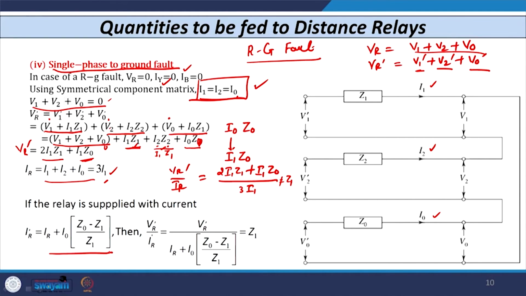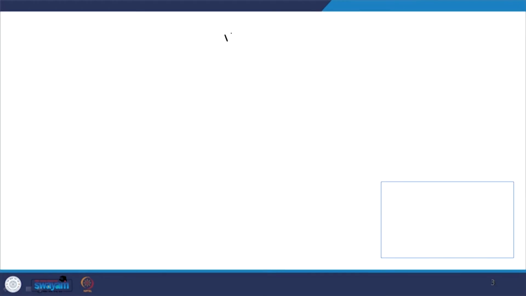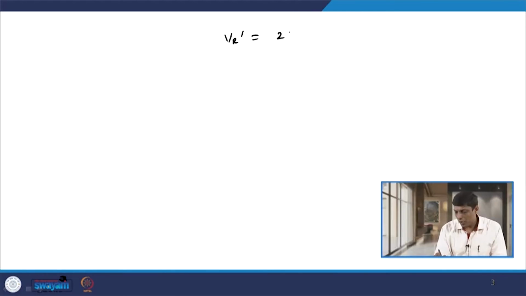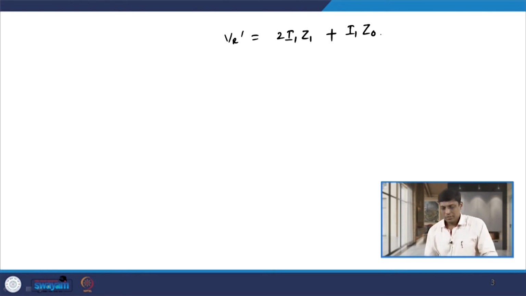So, for that we are providing the relay VR dash is equal to 2 I1 Z1 plus I1 Z0. So, if I consider what is VR dash? VR dash is equal to 2 I1 Z1 plus I1 into Z0. And what IR are we providing?